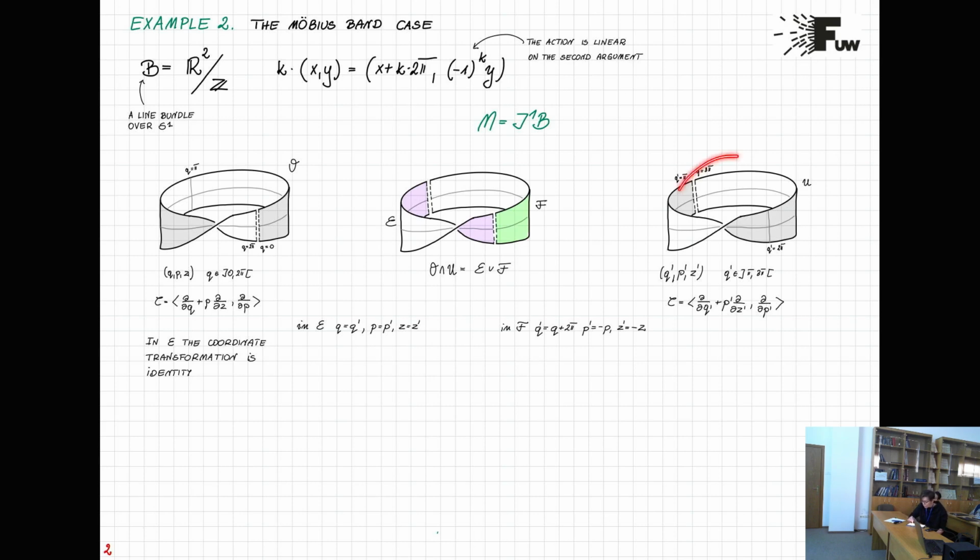And over the other chart, with primed coordinates, again, a Cartan distribution which looks the same in coordinates as previously.